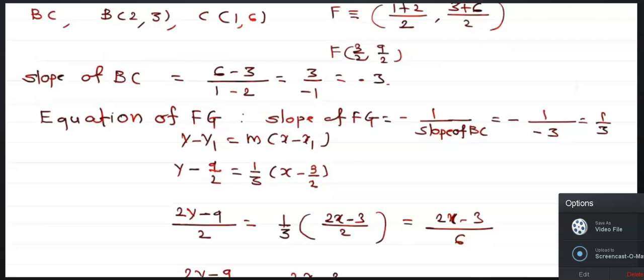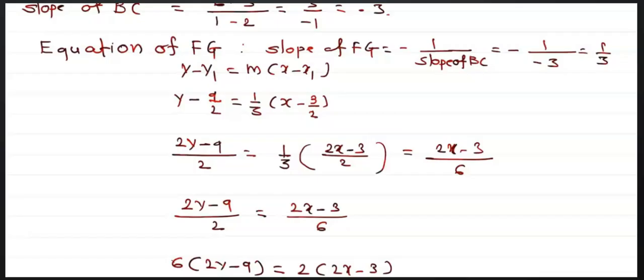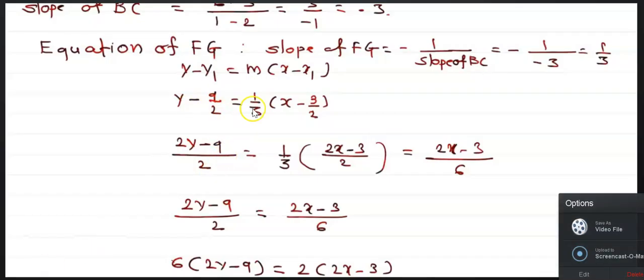Substitute the values. Simplify. 2y minus 9 upon 2, 1 upon 3. Simplification is 2x minus 3 upon 2. Therefore, 2x minus 3 upon 6. Now make the cross multiplication.